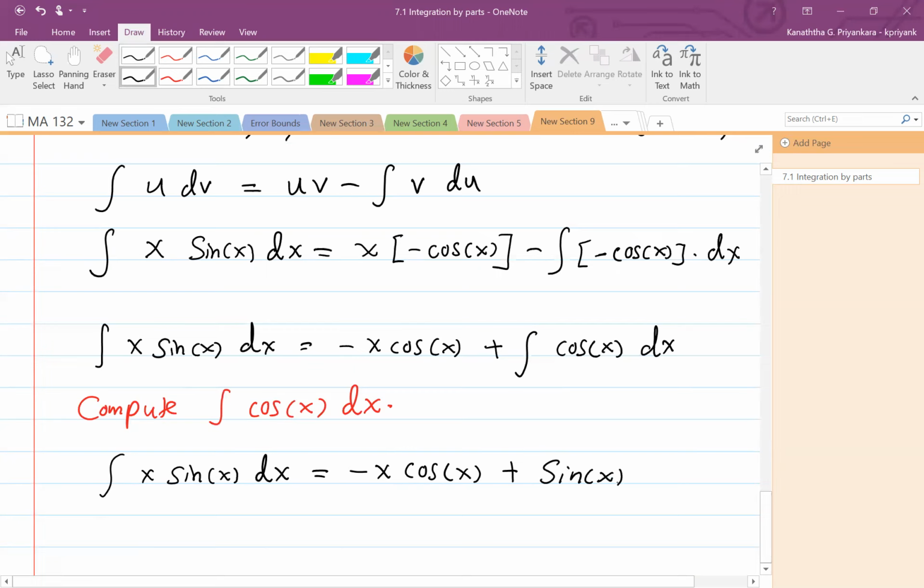Remember, when we integrate, we have to use a constant. So that is the answer: negative x cosine x plus sine x plus c, where c is a constant.